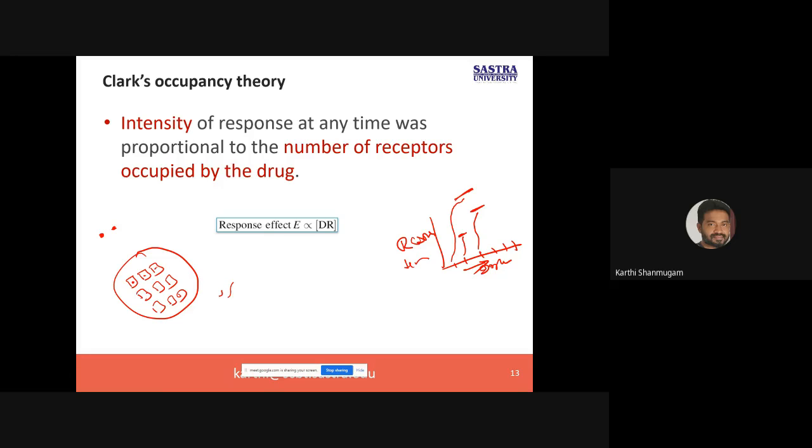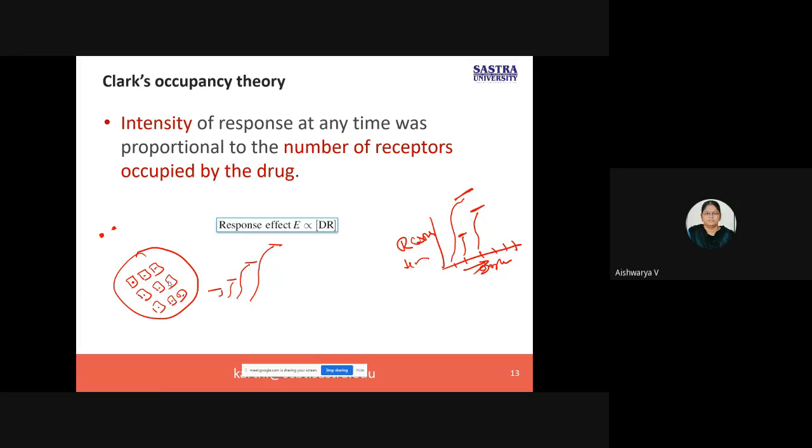If half of the receptors present inside the cell are occupied, we can expect more response. If all the receptors present in the cell are occupied by the drug molecule, we can expect even more response, right? So the intensity of the response depends on the number of receptors occupied by the drug molecule. Is it understandable?